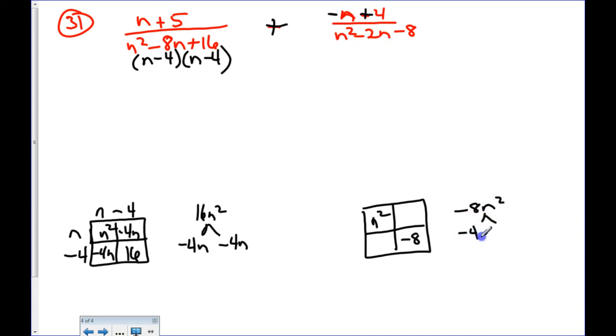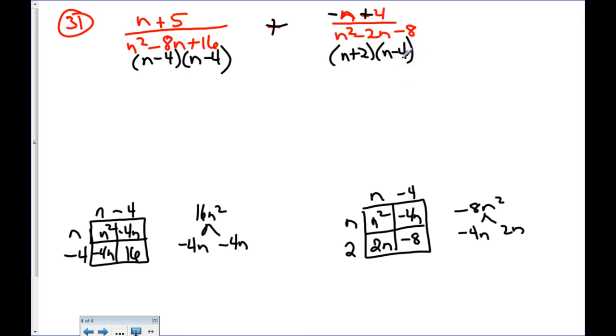Negative 4n and 2n. Okay, off the top row, I can factor out an n. Bottom row, I can factor out a 2. Left side, an n, and the right side, a negative 4. So I have n plus 2 and n minus 4.